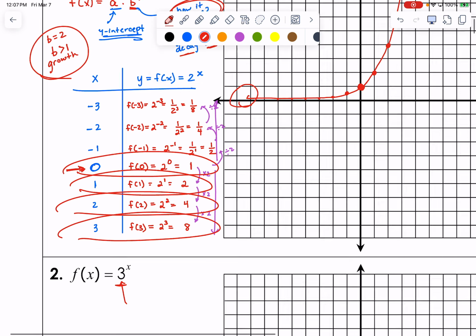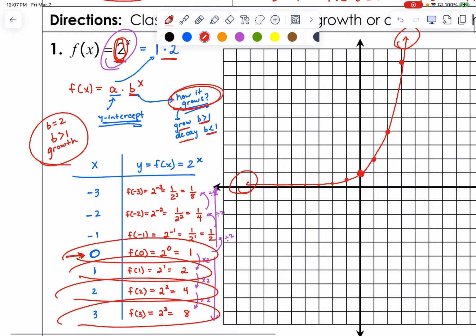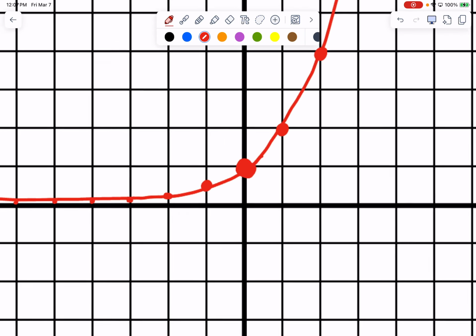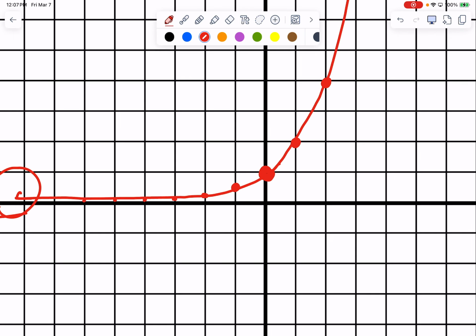All right, the last one, it was a 2. Did you see that? When you went to the right, it started at 1, and the first point to the right has to be at what? 2. The first point to the left has to be at what?